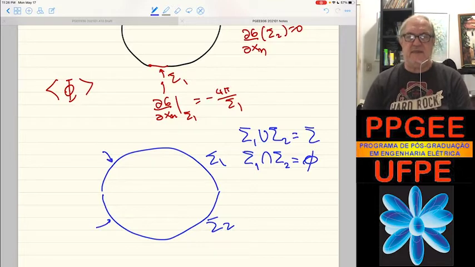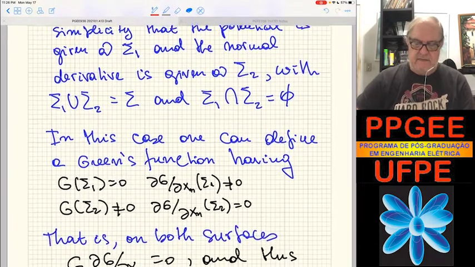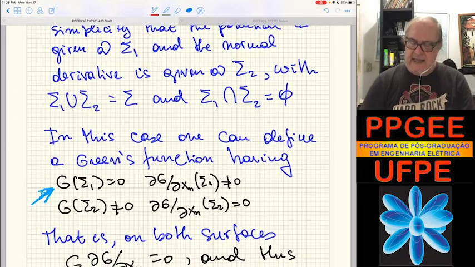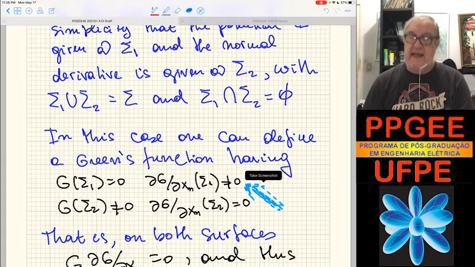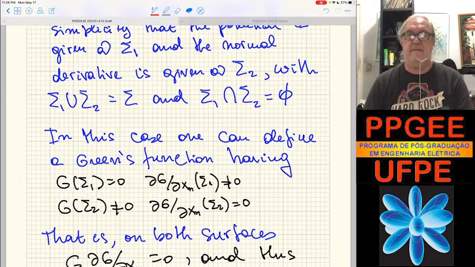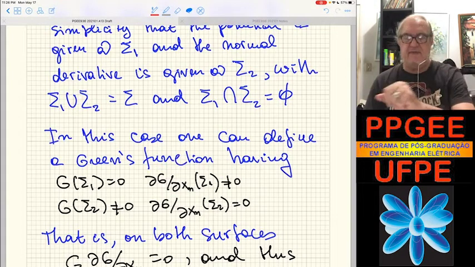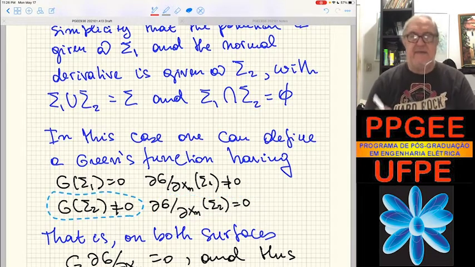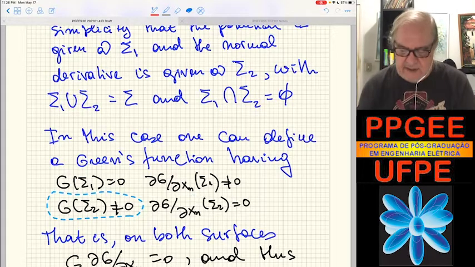So what we do is to use a Green's function that is 0 at sigma 1 and has a 0 derivative at sigma 2. I'm sorry, a non-zero derivative at sigma 1, right? So I choose G equals 0, but the derivative is not 0. In the other surface, I choose the derivative equals 0, and it is not mandatory that G is 0.